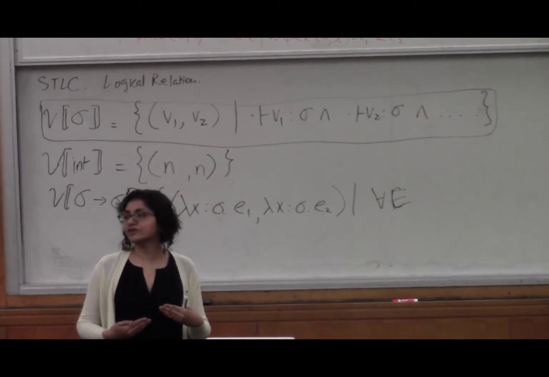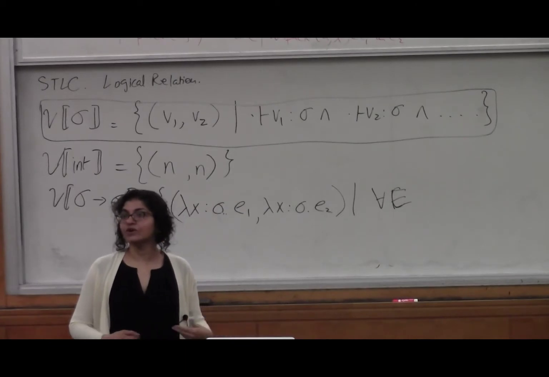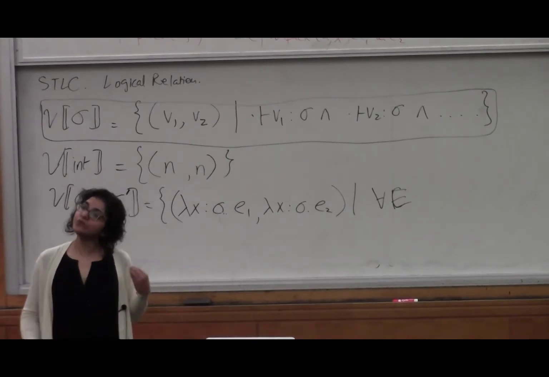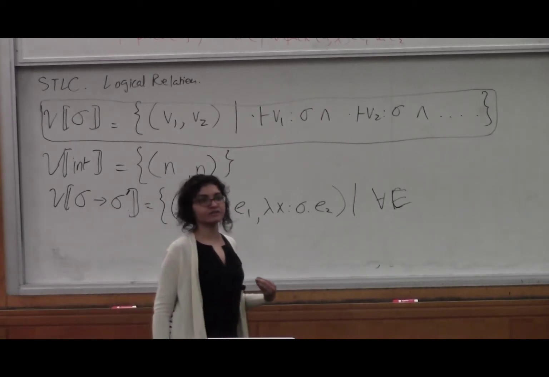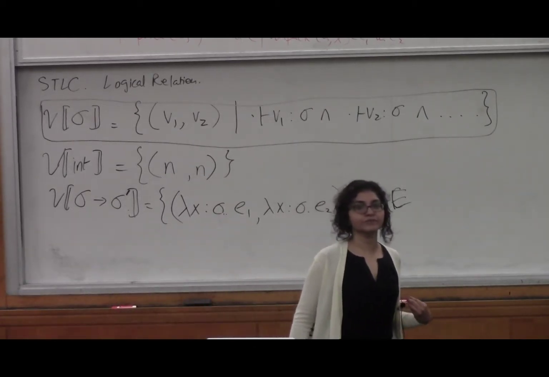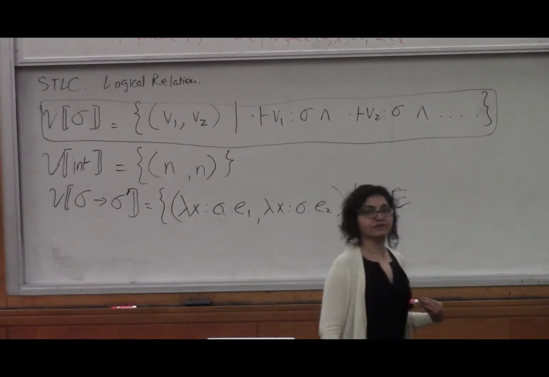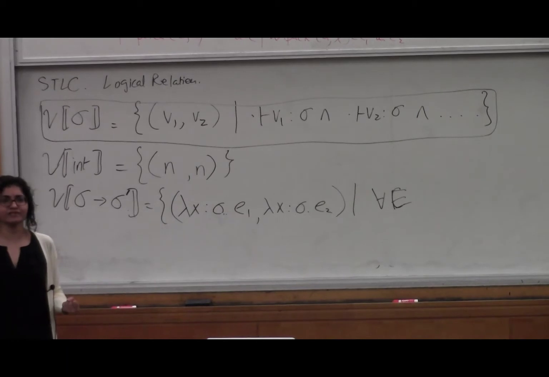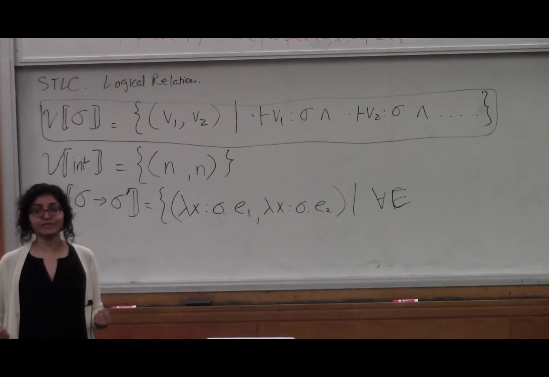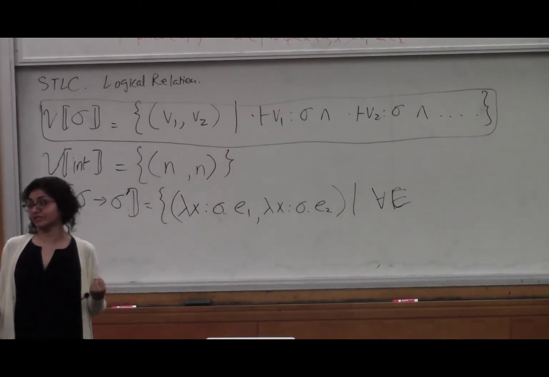The way that we use functions, the elimination form for functions, is application. So what we're going to say is that when we apply these functions to related arguments, we will get related results. If you give me related arguments, I will give you related results. Related inputs to related outputs is pretty much the slogan of logical relations.